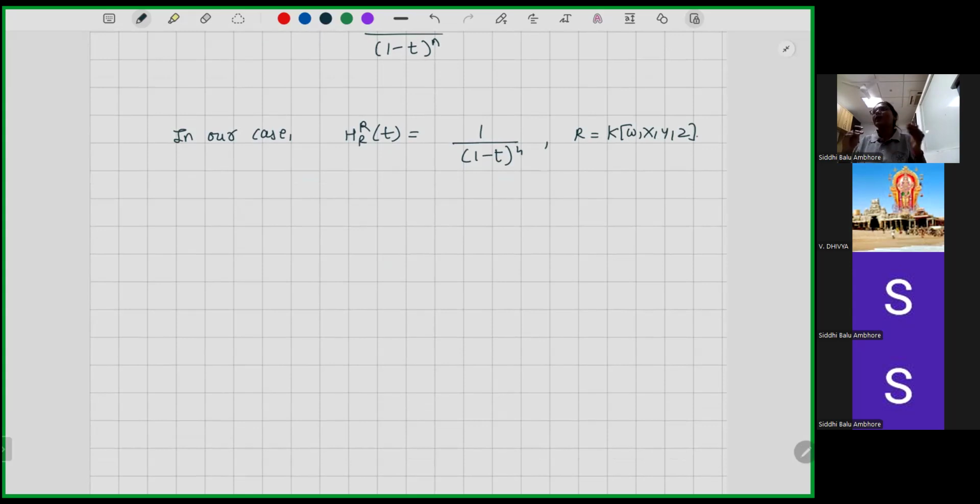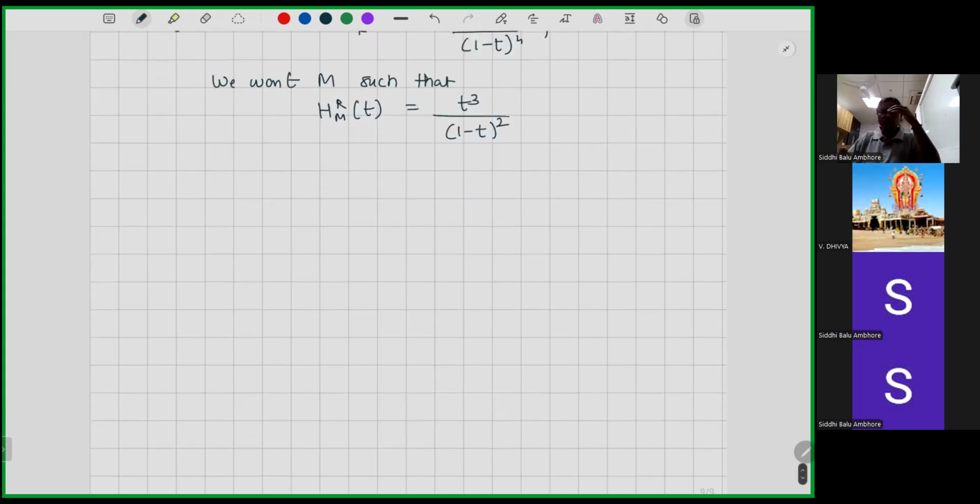Now I want to deduce from this. The required expression is: we want M such that H_M(T) is T cubed by 1 minus T squared. We used this result even in the last lecture.